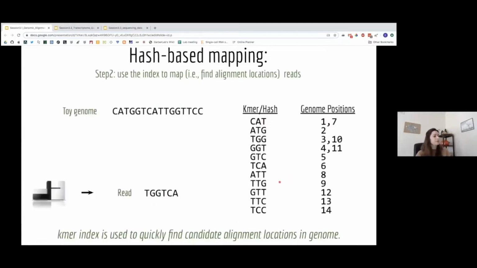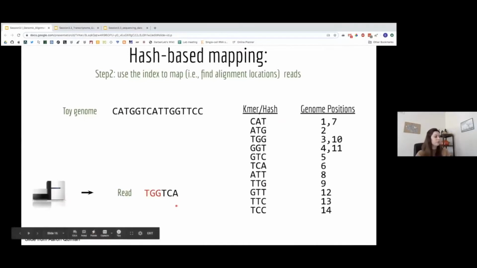All right, so let's try some hash-based mapping. So we're going to use the index to find the alignment location for this read. So we got a sequencing run result, and our read is 6 bases long. It's this one here. We want to know where it matches the genome. All right, so first of all, we split the read into the same sized words as we used to construct the hash index.